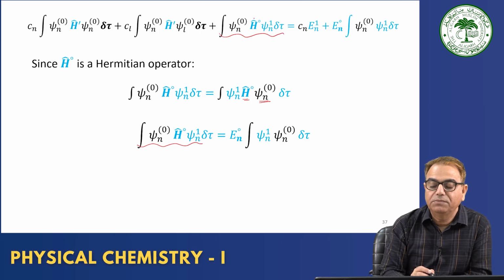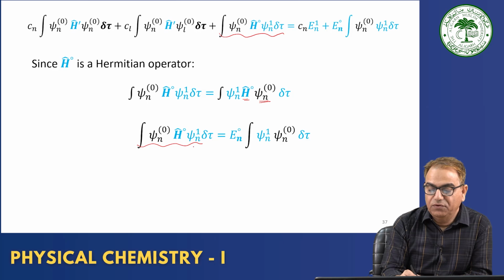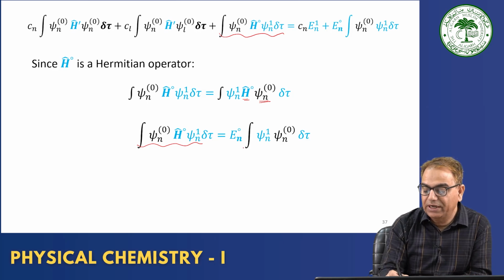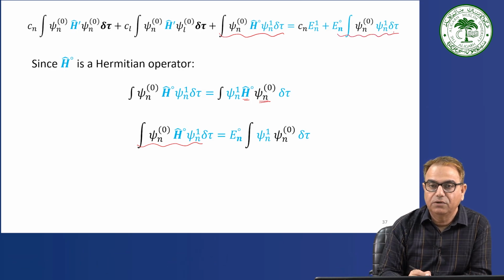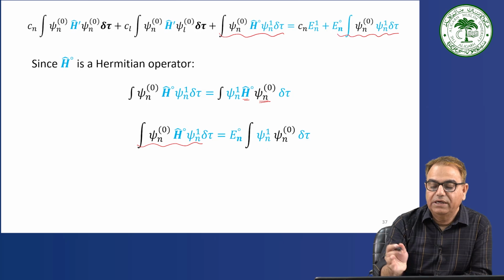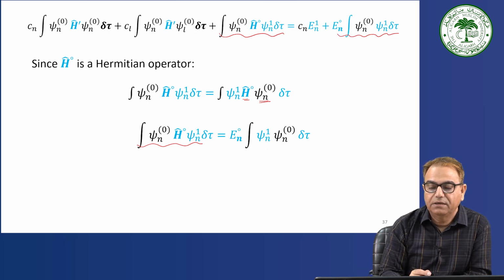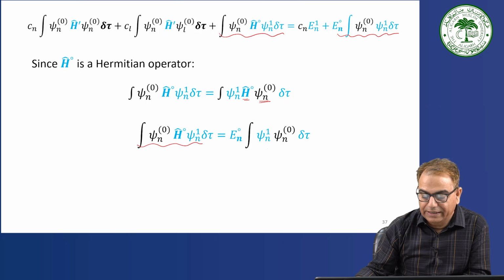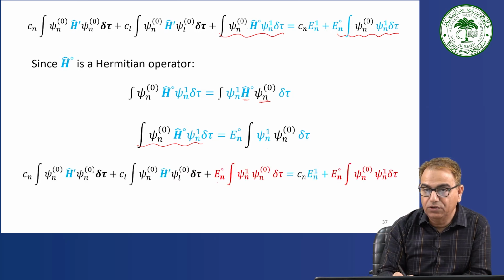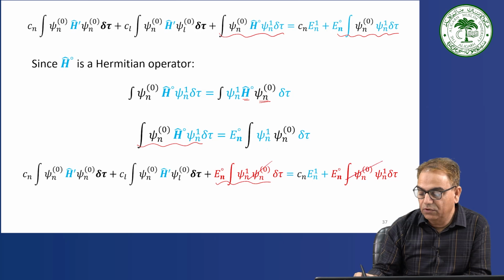And if in place of this you write this equation, En naught psi n1 psi n naught theta, then it is the same thing here, En naught psi n1 theta. So on the left hand side also, on the right hand side also, you have the same integral. So it will go, and ultimately, these two will go. This will go and this will go.